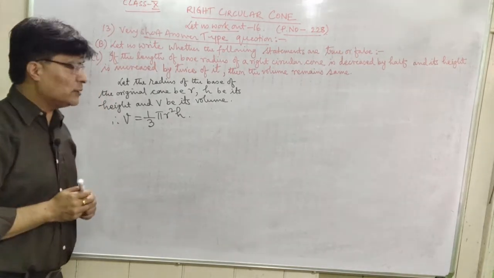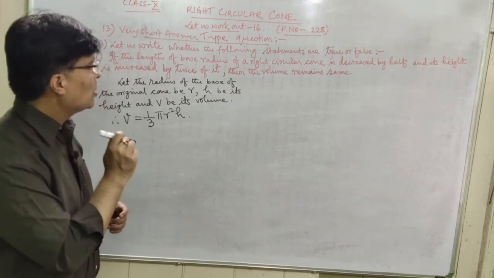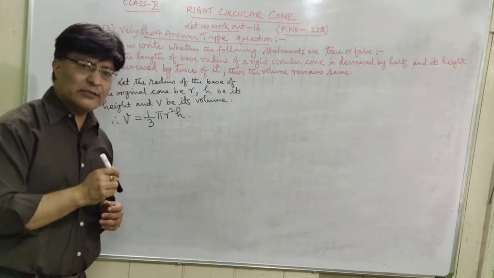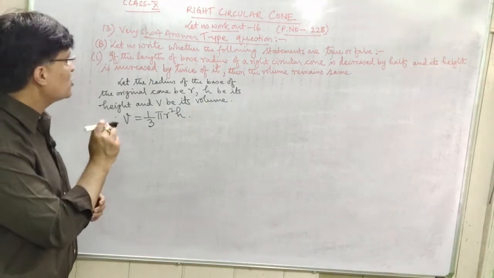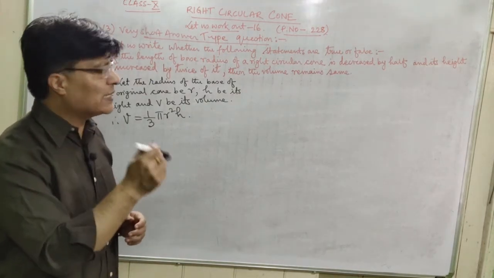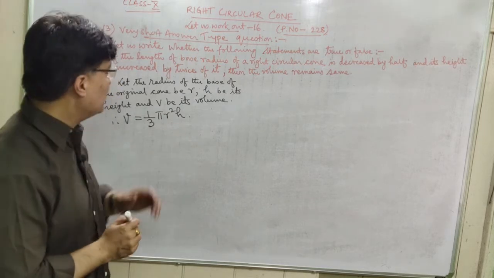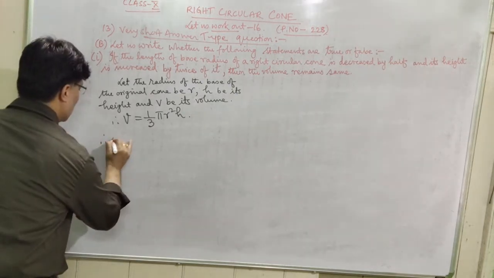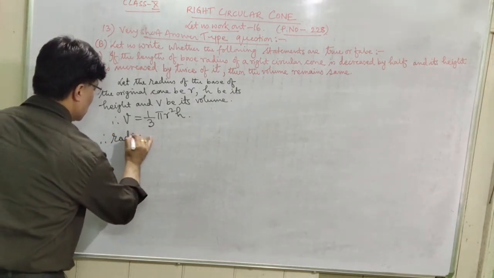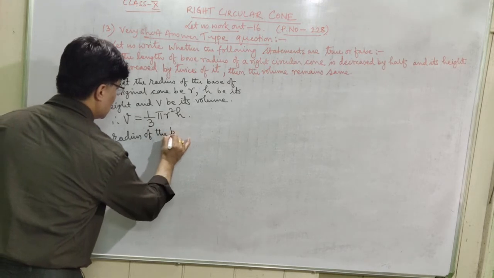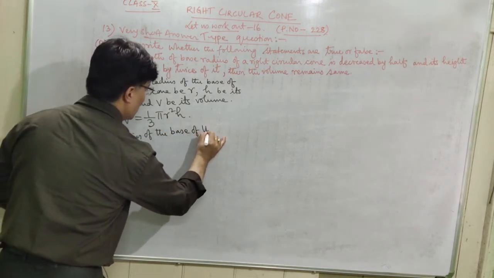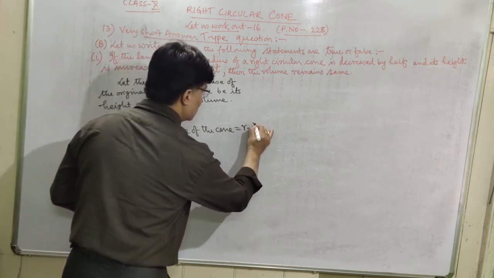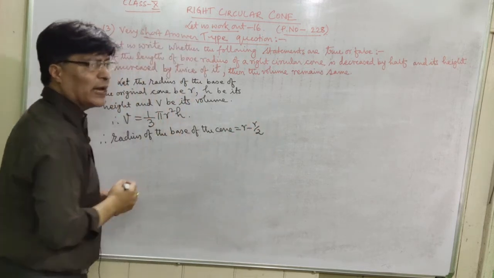Now what is given in the question? Now the radius of the base of the cone is decreased by half.